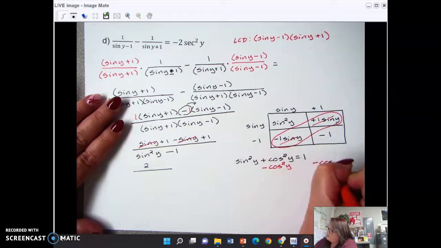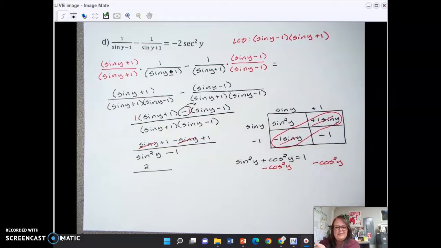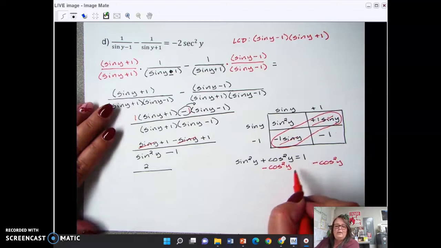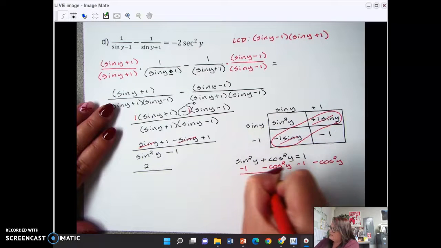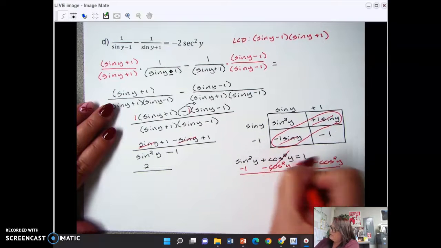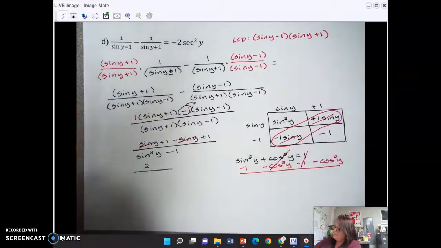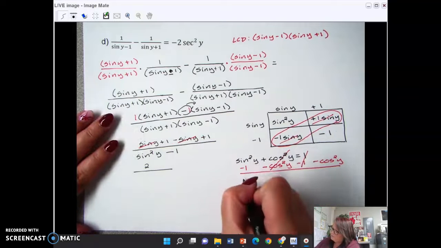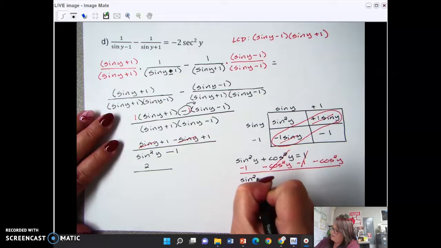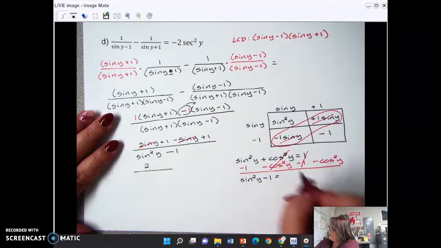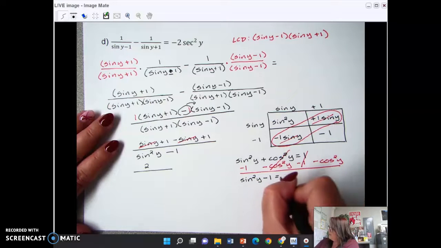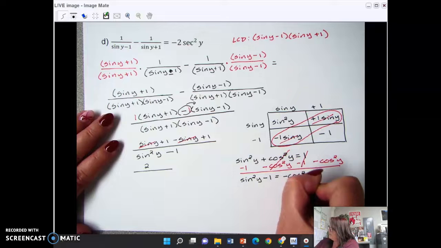So I'm going to move the cosine squared of y. No, I keep saying theta. My apologies on that. And then I've got this 1 that I want to move over. So I'm going to subtract 1 from both sides. So when I do that, the cosine squareds cancel and these 1's cancel. So I have sine squared of y minus 1 is equal to negative cosine squared of y over here.